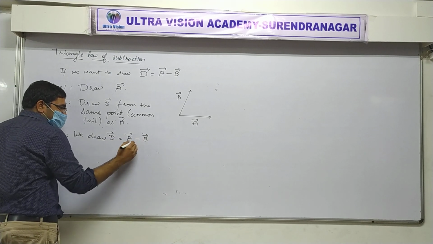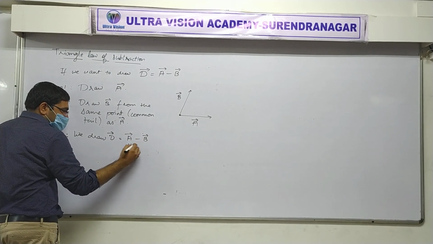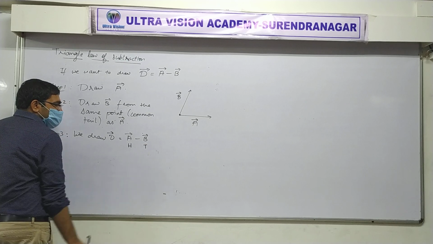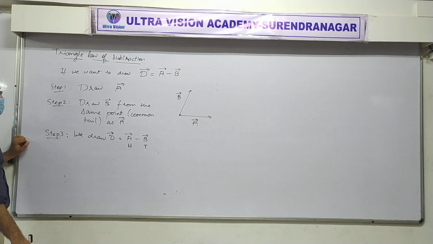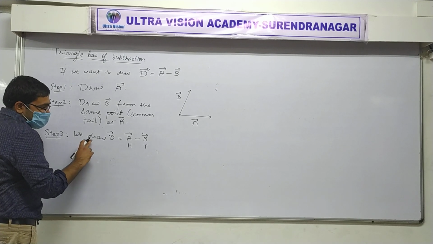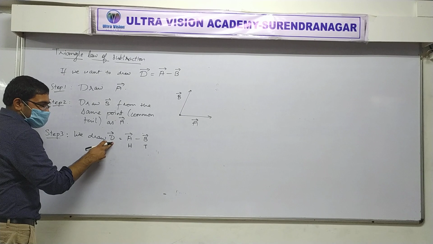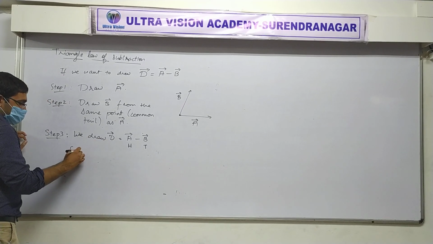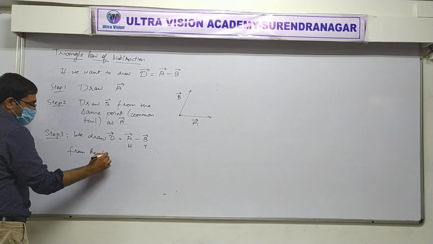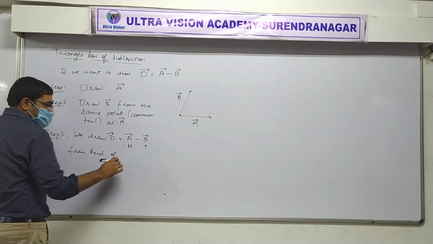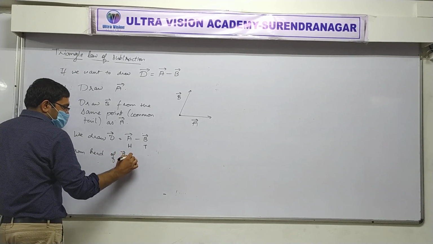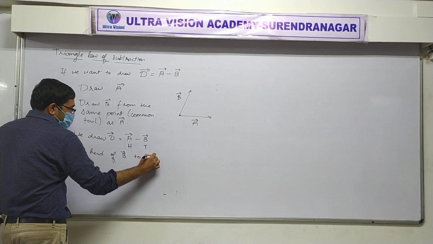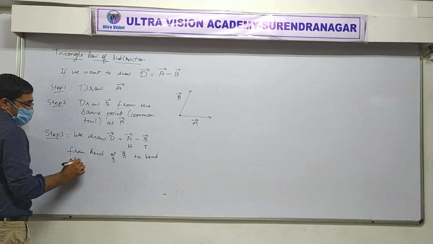Okay, A vector minus B vector, write it down, below here write H, here T. Okay, we draw D vector from head of D vector to head of A vector.